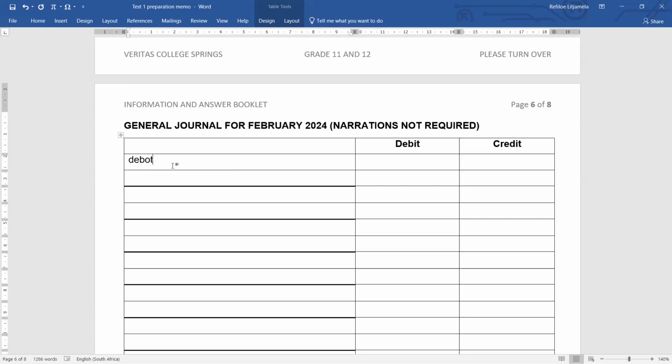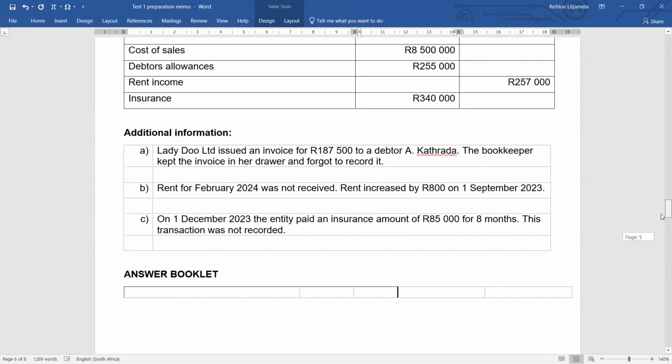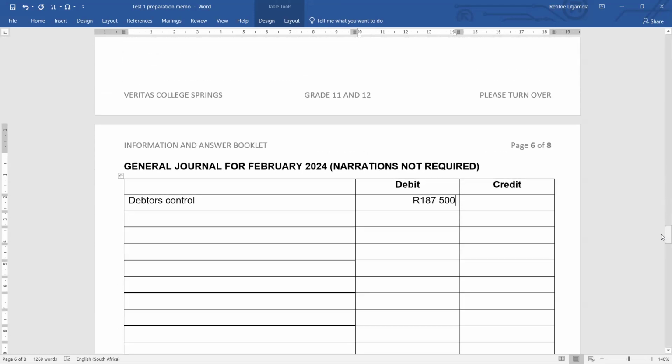I'm going to debit debtors control. What is the selling price? It's 187,500. And I'm going to credit sales by the same amount, which is 187,500. Done. We sold goods, guys.